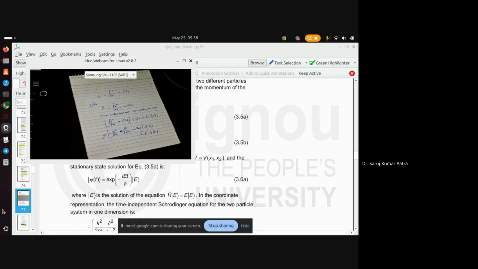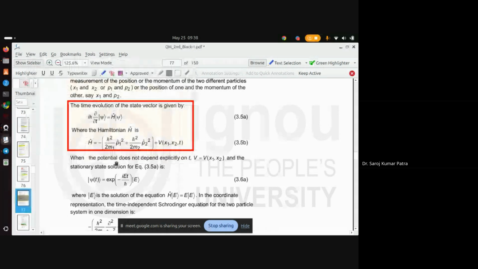Now, if you look here, H cap is nothing but h cross squared by 2m1 p1 squared for the first particle, h cross squared by 2m2 p2 squared for the second particle, and then the potential energy.